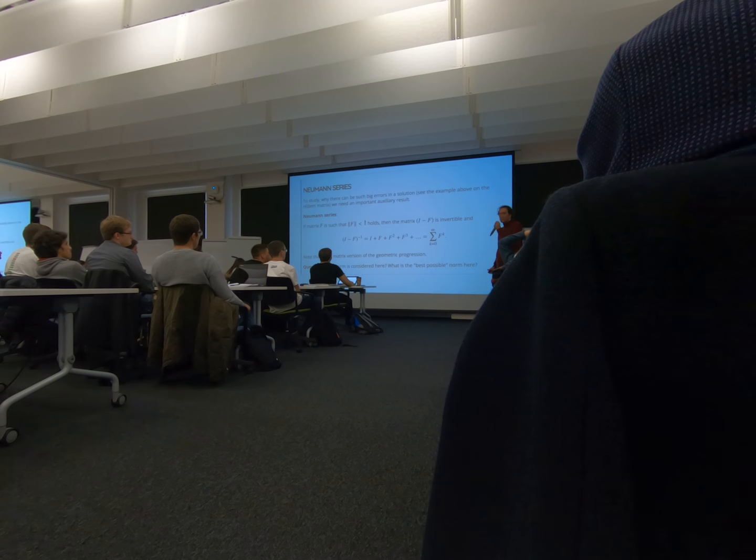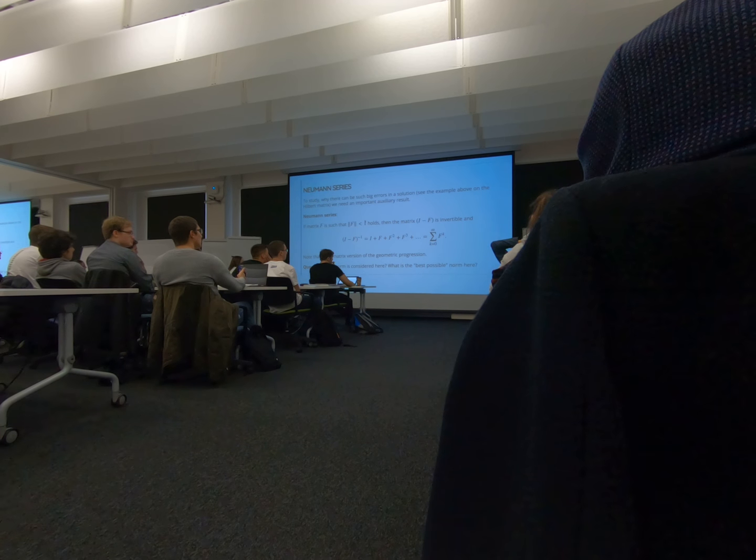Well, you can try to guess, of course. Guessing is always good. Spectral is a good idea, but no. Spectral is not it. There exist matrices for which you can do better. Spectral will be larger than 1, but another will be smaller.